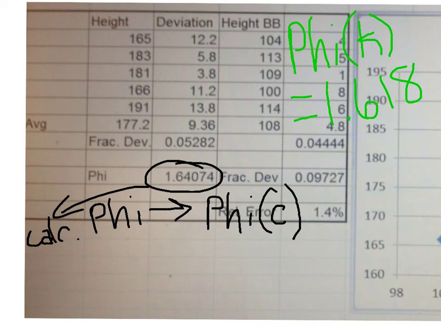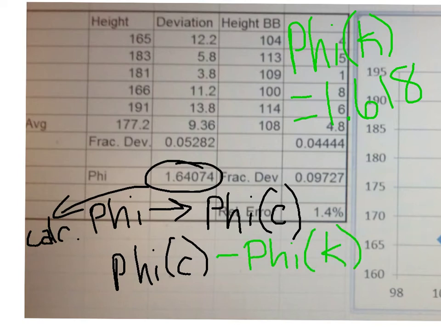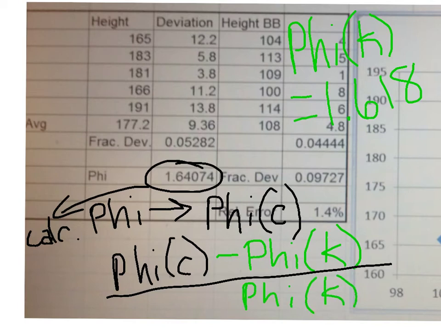So what I'm going to do is take my phi calculated and subtract from that my phi known, and then take the whole thing and divide it by my phi known again, and take the absolute value, because remember, percentages shouldn't have a negative number, and multiply that by 100.